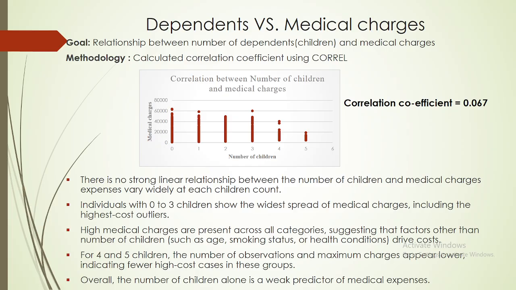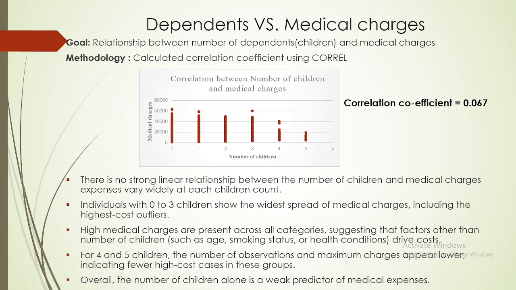If you look at the scatter plot, we could not find any particular pattern that the two variables follow, like linear or non-linear. We can also observe some outliers in the data set, and the highest medical charges across all categories of number of children.